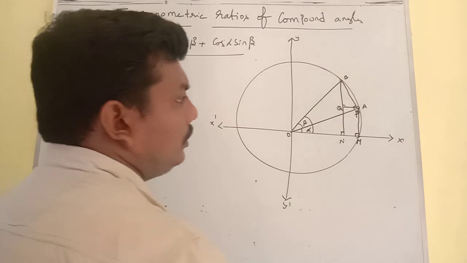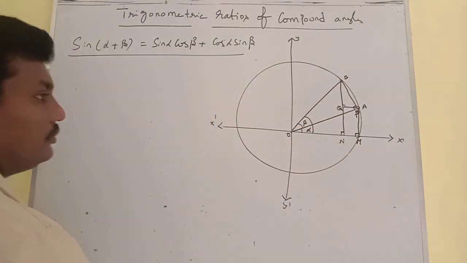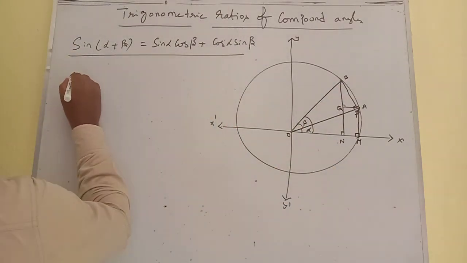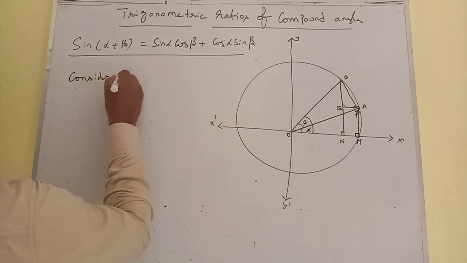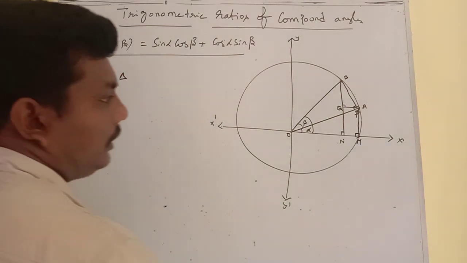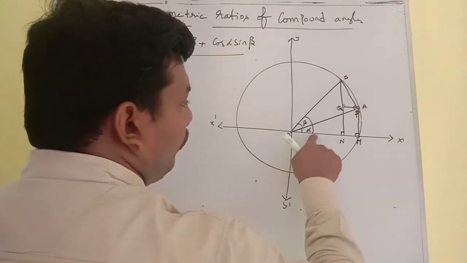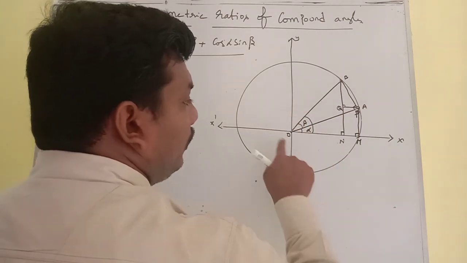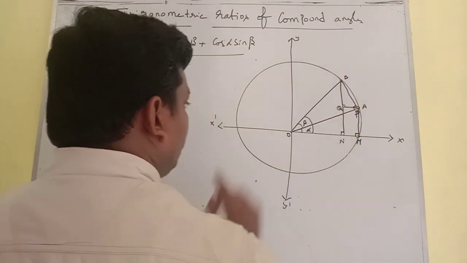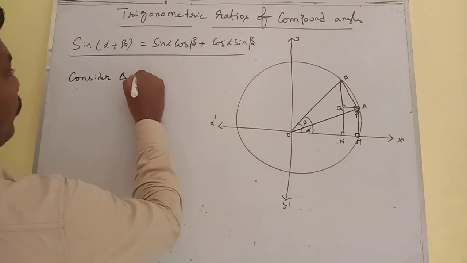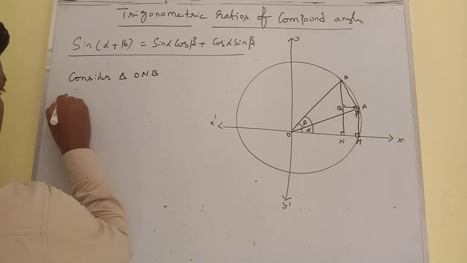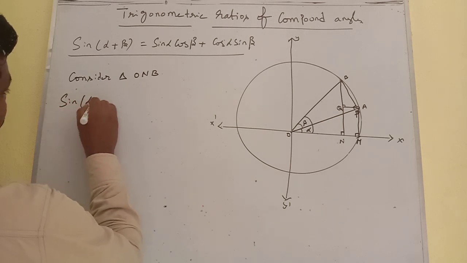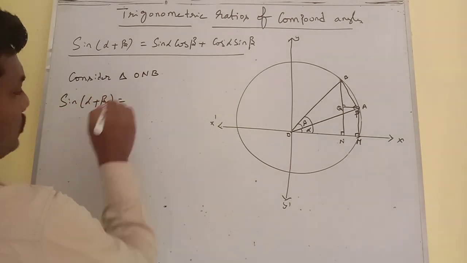For our better understanding, let us consider the triangle. Alpha plus beta is an angle in triangle ONB. From triangle ONB, sin of alpha plus beta is equal to the side opposite to alpha plus beta divided by the hypotenuse.